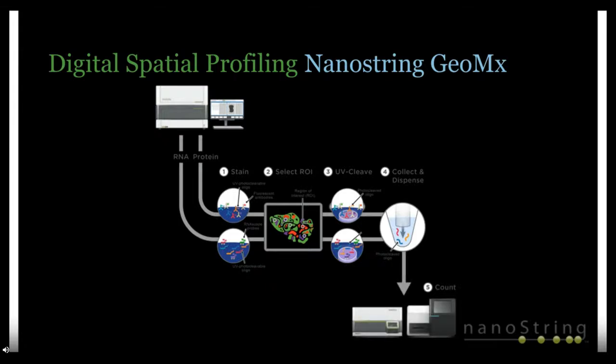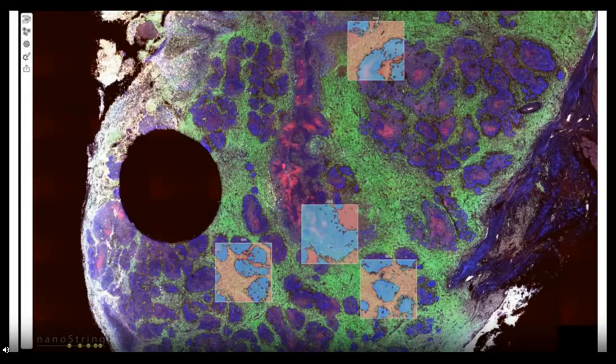We can then count those barcodes and relate the data back to which ROI they came from. So we have a hybrid 4-color fluorescence IHC image with a high-dimensional spatial genomics output.